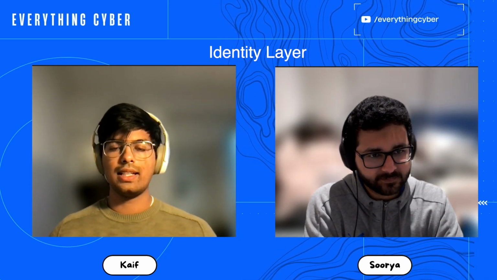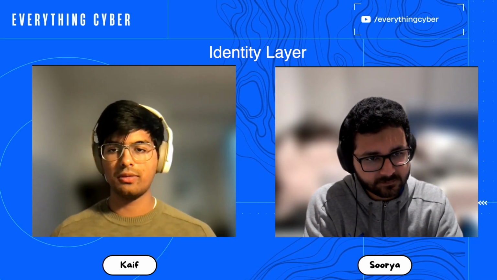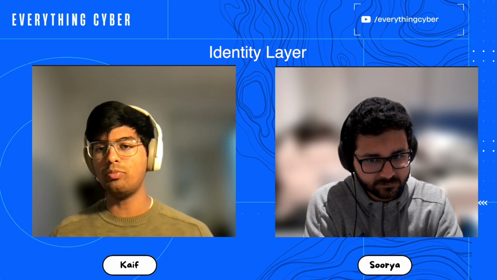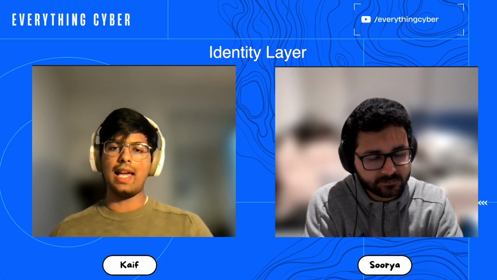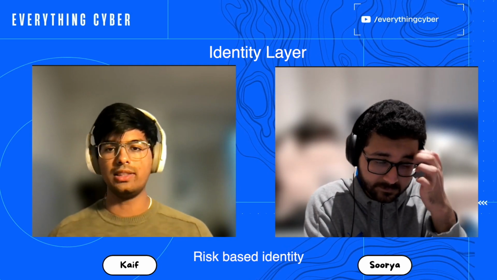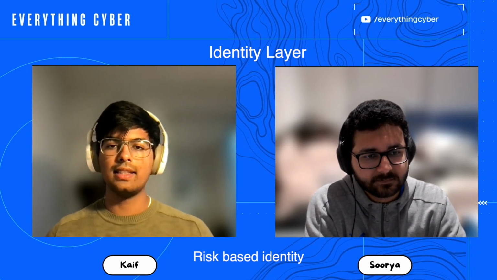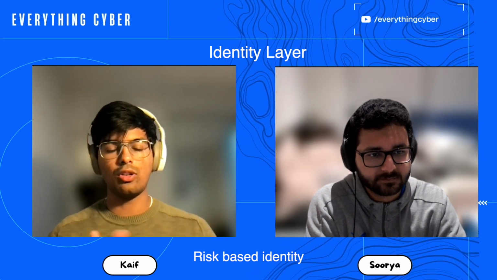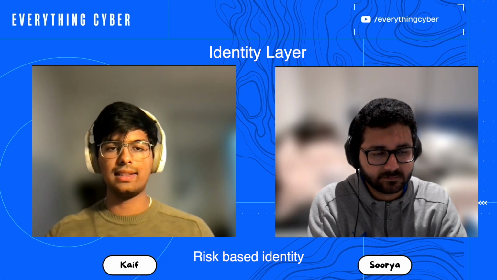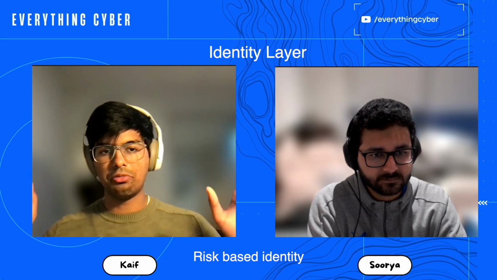Next principle we have is assume breach. So let's see what some of the assume breach related controls we can implement. The first one I have is risk-based authentication and access control. What I mean by that is whenever a user, whether that's a human user or non-human user, is trying to access something, we can calculate their risk rating.